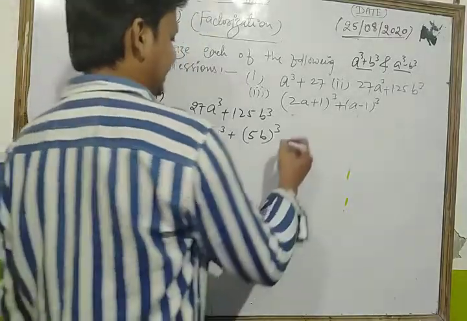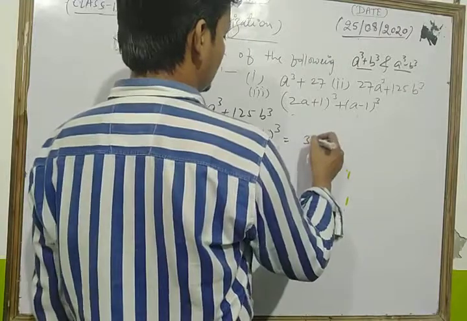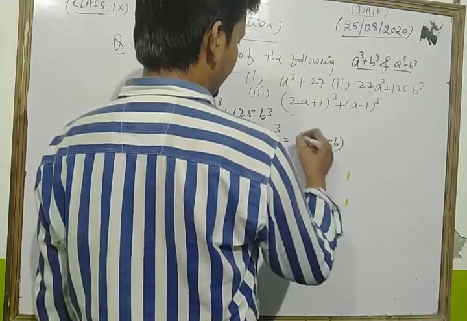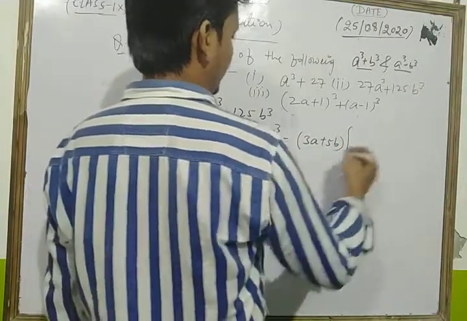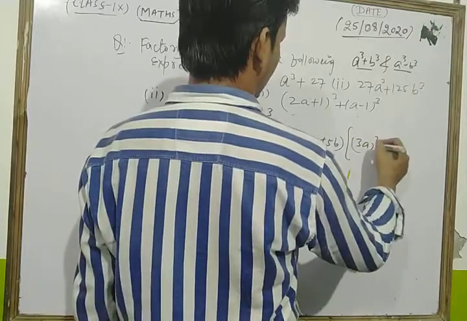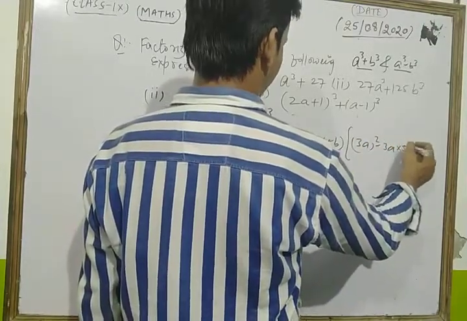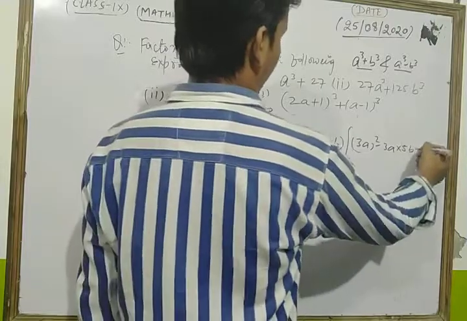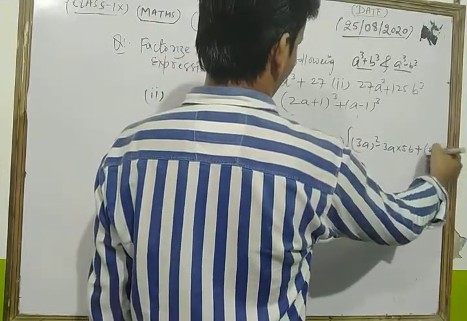Here we apply the identity: a plus b means 3a plus 5b. Now in the next bracket, a square, minus ab, plus b square, meaning (5b) square.